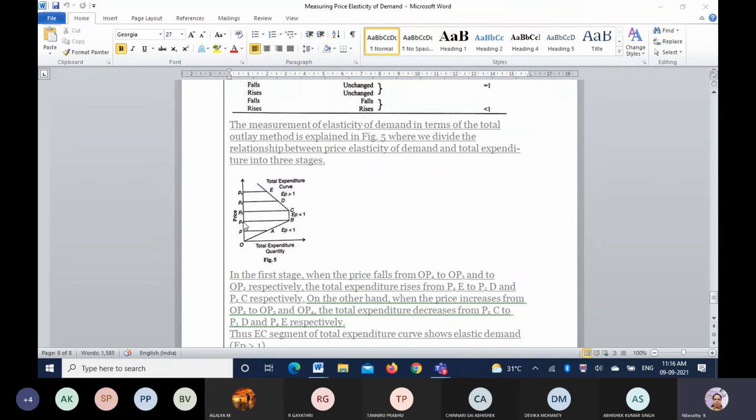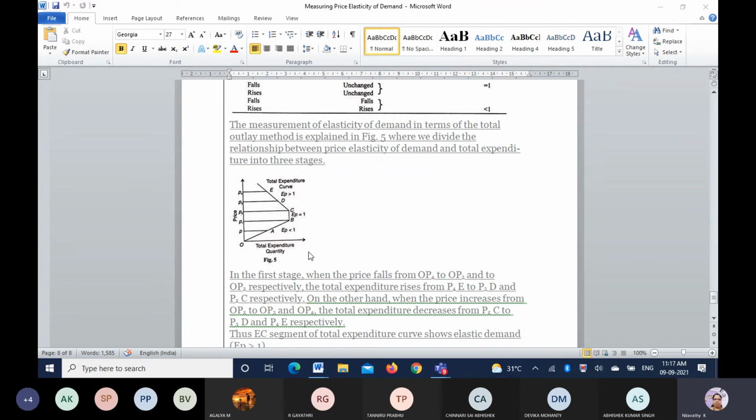And then from here to here, when the price decreases, total expenditure also decreases, so the elasticity value will be less than 1, which we call an inelastic demand. So this is what they have explained from the expenses that we are making. But actually, in all these stages, you are increasing your demand.